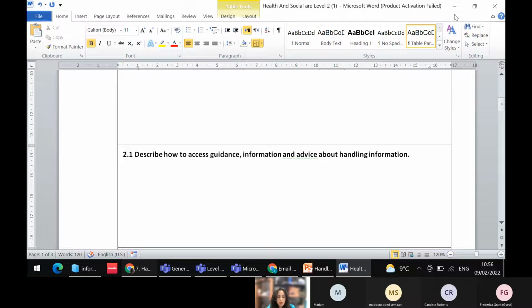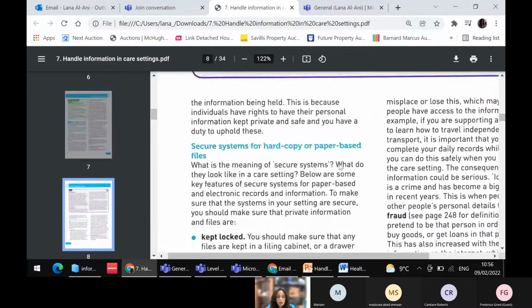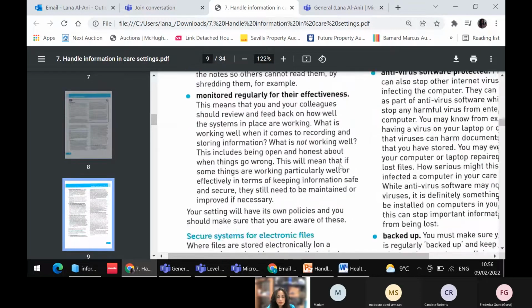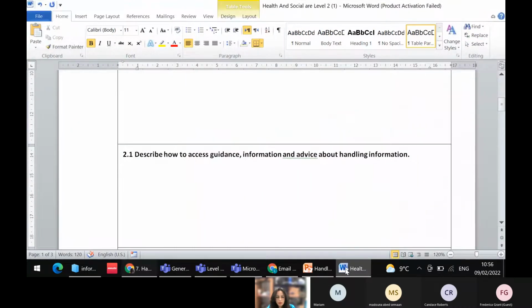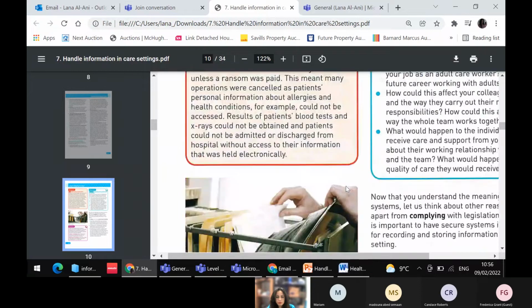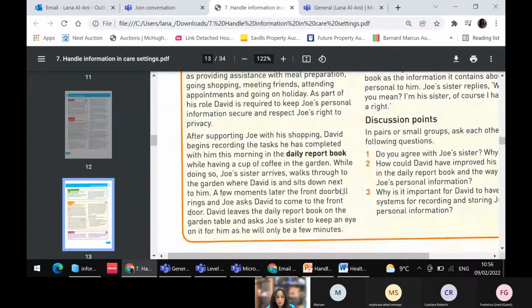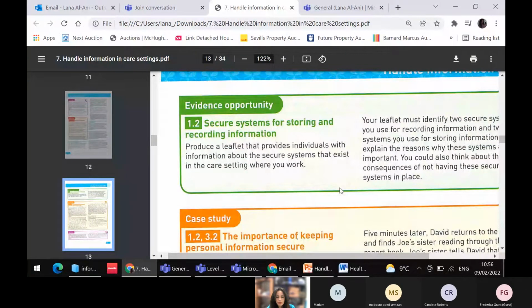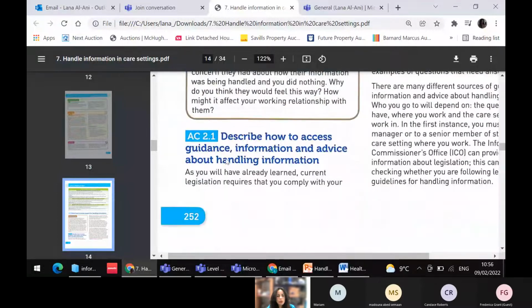So we need to know how to access information about, what is it? Which question is that? 2.1. Let us go and look for 2.1. Describe how to access guidance, information, and advice about handling the information.